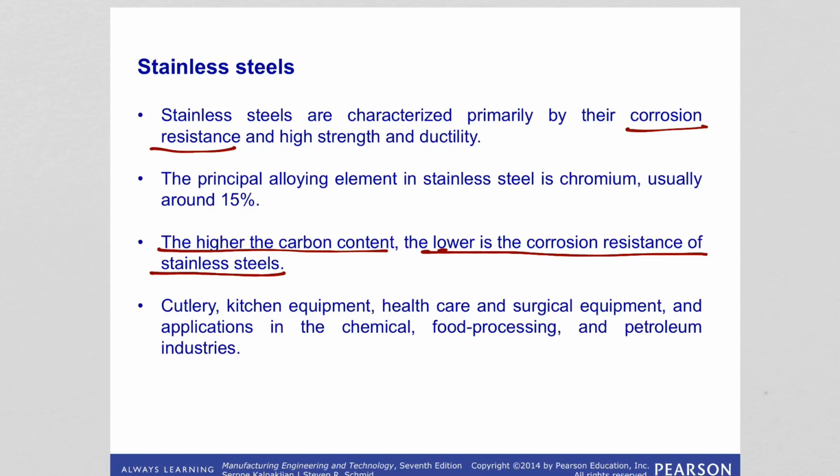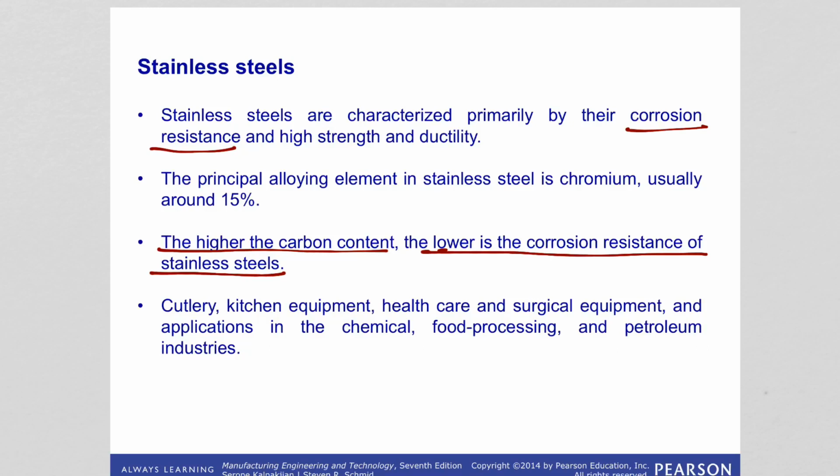the chromium content. Okay, so how does stainless steel form corrosion resistance? Basically the chromium reacts with the oxygen in the air and builds a protective film of chromium oxide, and it prevents further oxidation, because oxidation happens by the diffusion of oxygen and chromium, and they need to come together.